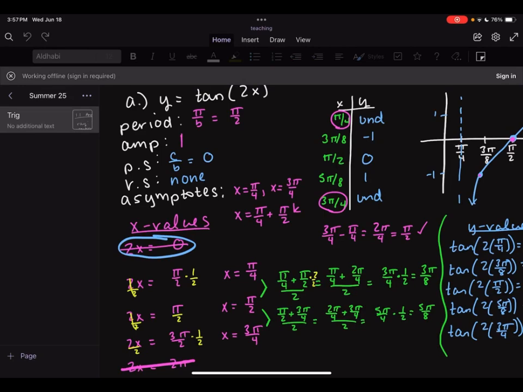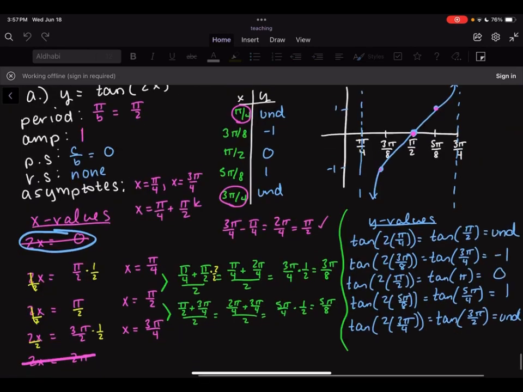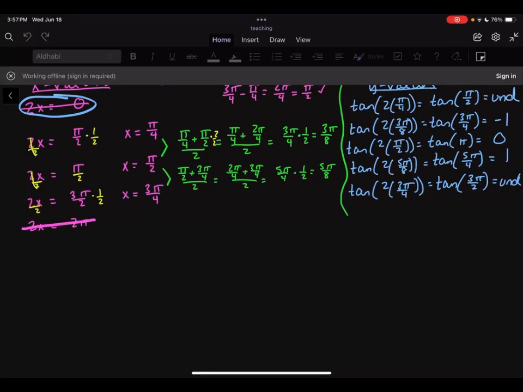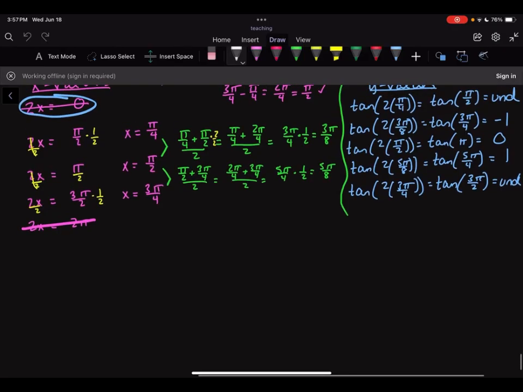So let me go ahead and do another one of these. This one I'm going to maybe do an amplitude and a vertical shift. So we'll say this is part B, and this one I'll do y equals 2 tangent x minus pi over 3 plus 1.